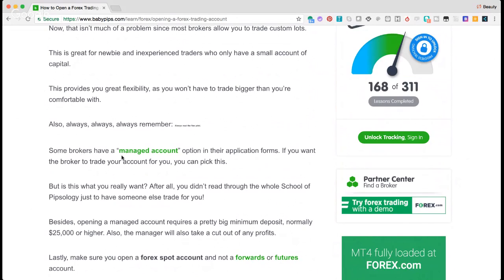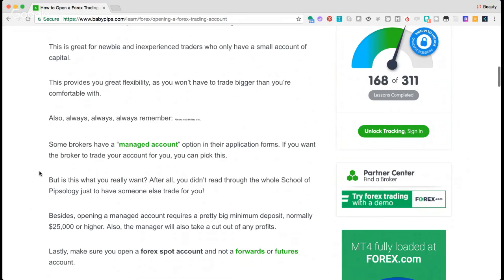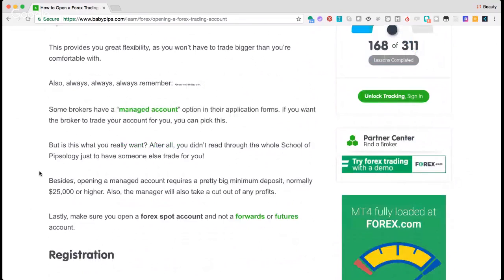Some brokers have a managed account option in their application forms. If you want the broker to trade your account for you, you can pick this. But is this what you really want? After all, you don't read through the whole school of Pipsology just to have someone else trade for you.